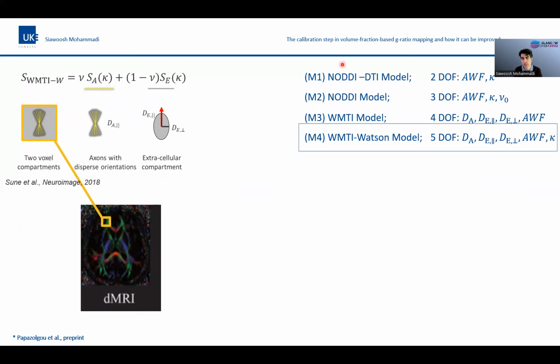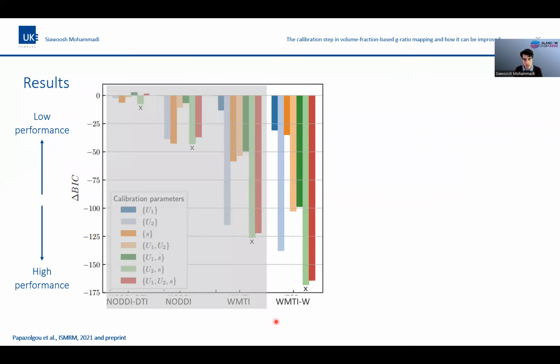In our preprint, we looked at different models based on the standard signal model of diffusion MRI. But here I will just focus on the one with the most biological parameters that are estimated, which is the Watson WMTI model. And here are the results.